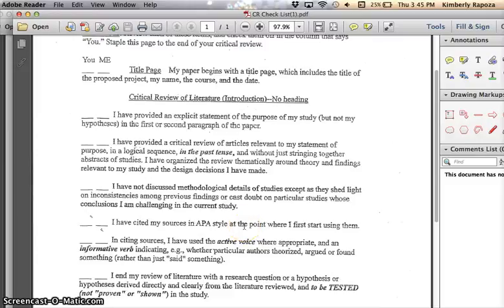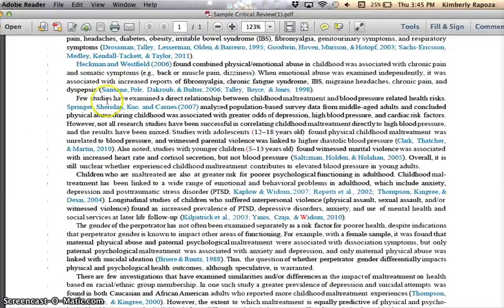We had the mini lecture on APA style. You cite sources in APA at the point at which you first start using them. So what this means is here, Springer, Sheridan, Kuo, and Carnes analyzed population-based survey, and so on. So you can see I have a couple of sentences maybe about what they were doing and finding, but I cite them and their study at the point at which I first start discussing that material.